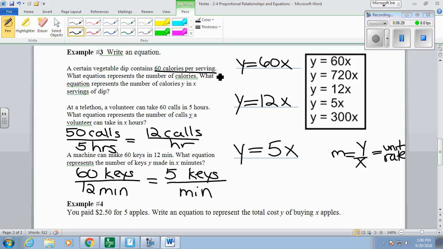When they give us the unit rate, they're telling us that our m in y equals mx will be 60. So that one I have a feeling most people probably got right. For the next one, if you were to just take the 60 and the 5 and try to figure out which one's going to work out there, you can't just use those numbers. You have to say, okay, is there a typo here?